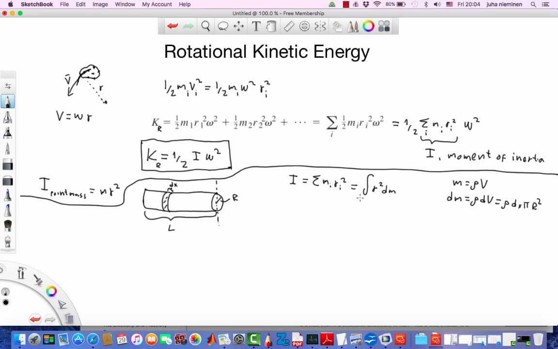This was the integral over the whole volume of the object, and now we can write it in such a way. So first of all we have the r squared, and then we have the dm, the elementary or infinitesimal mass unit. So it's going to be rho pi r squared times dx.